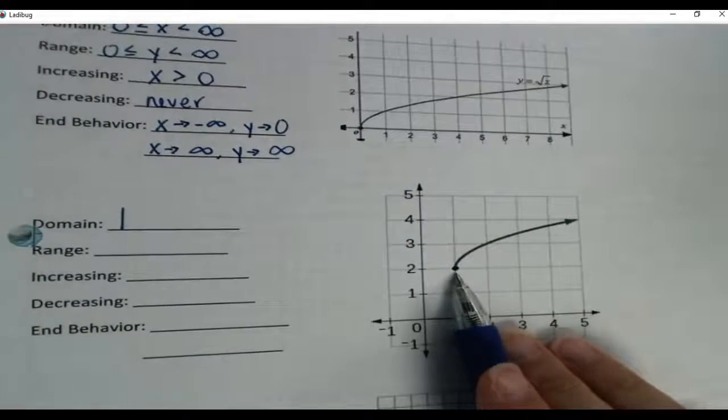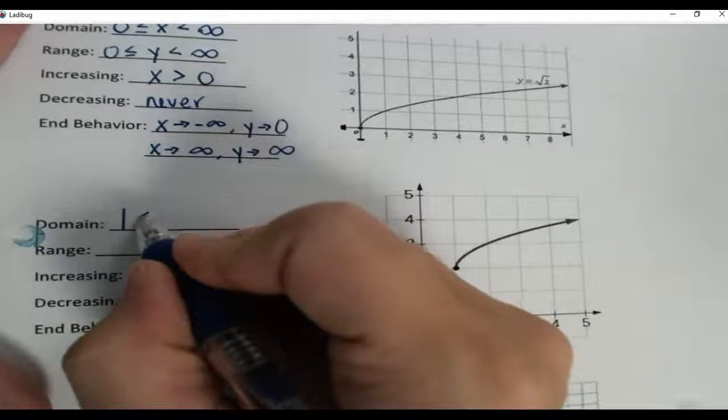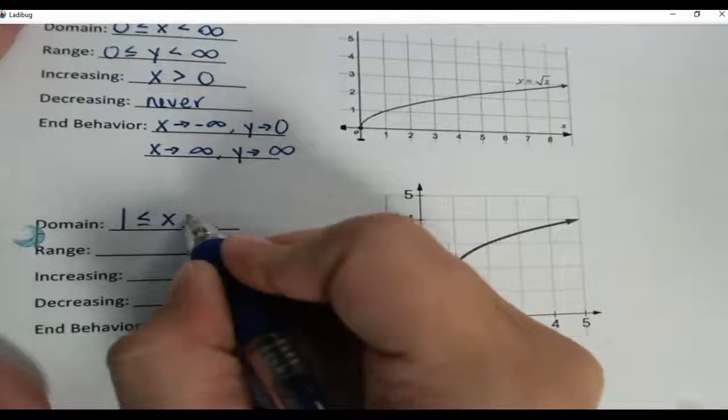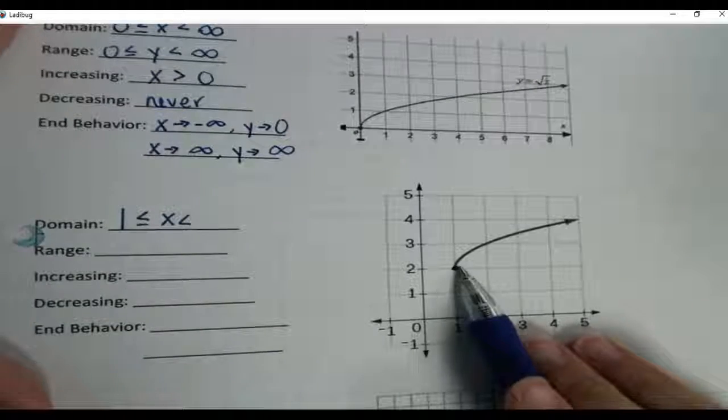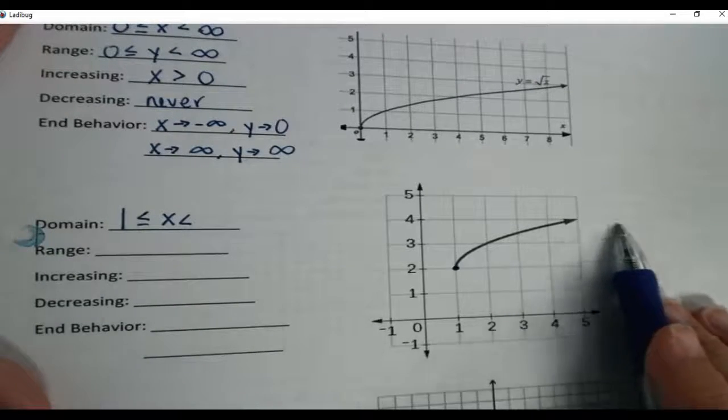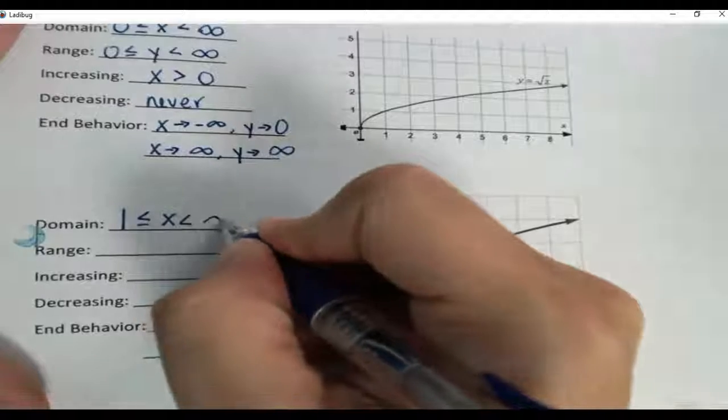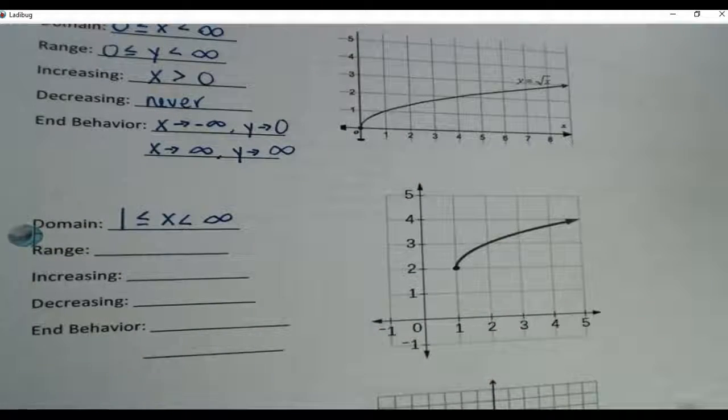Again, it was a solid line or a closed circle, so that's less than or equal to x is less than. And then how far is it going to the right? Good, infinity. Questions?